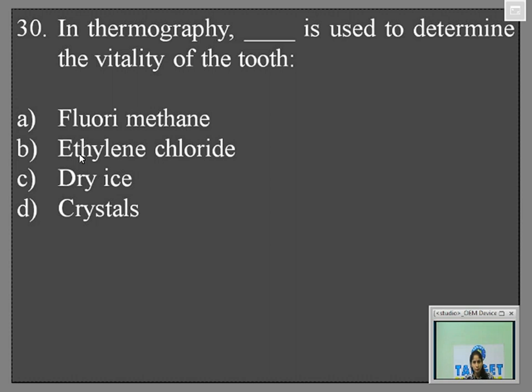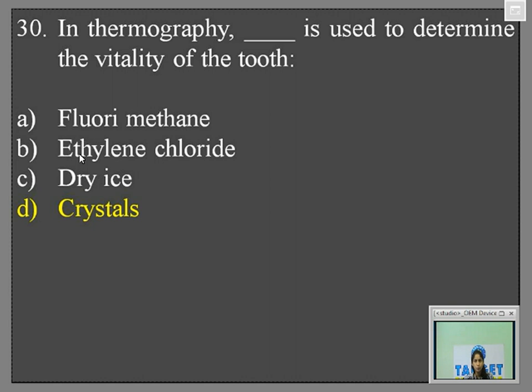So you have your laser Doppler flowmetry, pulse oximetry, then thermography, and your wave spectrography or wave spectrometry. So the answer in this question, thermography, is crystals. Each of these individual ones I will explain to you when the right question comes.